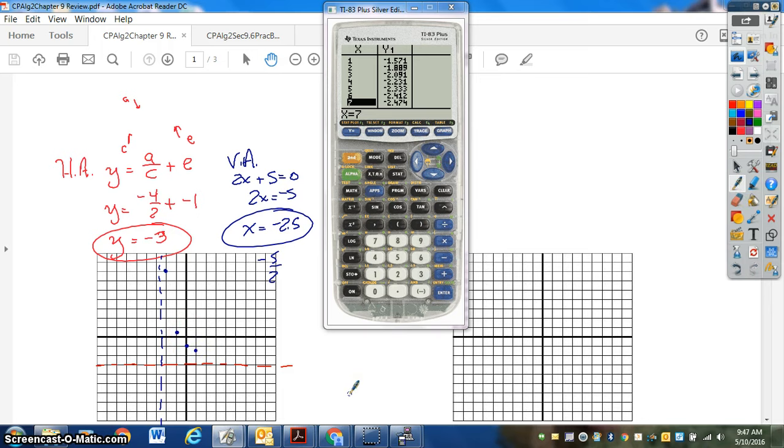And at 3, I'm at negative 0.2, right about here. At 7, I'm at negative 2.47, right about here. So that'll be a good representation of what my graph is going to look like on that side. My graph here is going to get really flat really quick.